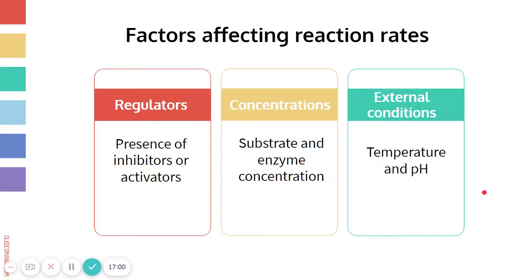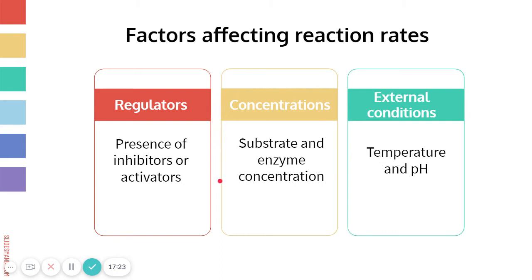And so, we're going to think about three different major types of factors that can affect reaction rate. And those three factors are whether there are regulators present, and by regulators, I mean inhibitors. And we also have activators, which are the opposite of inhibitors. And then there are also things that have to do with concentrations.